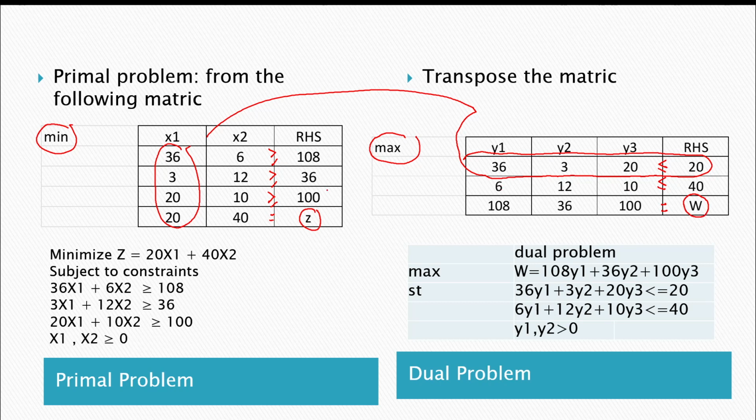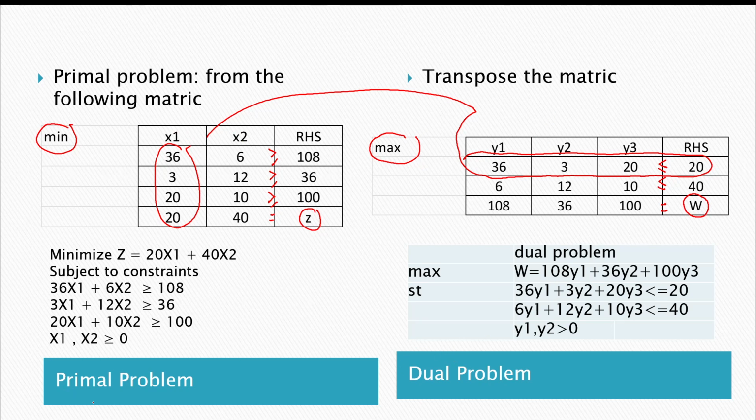The right hand side, 108, 36, 100, becomes your objective function. So this is w. After we transpose, take note: minimize becomes maximize, and greater than or equal becomes less than or equal. Initially our decision variables were x1, x2. After you transpose, this is the so-called dual problem.